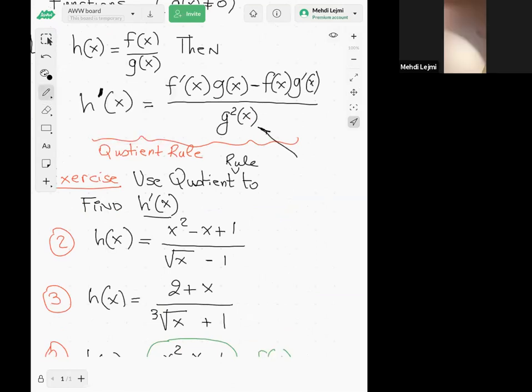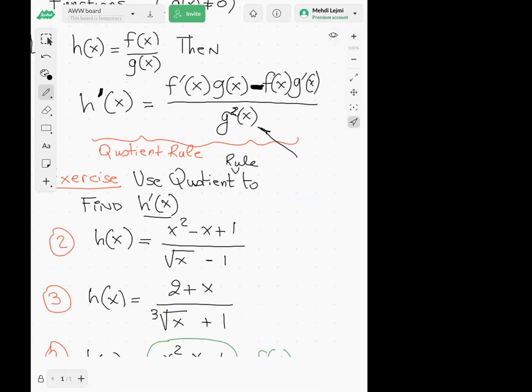It's always a square. And be careful, it's a minus here in the top. It's a subtraction, not a plus. So there are two things you have to be careful with: there's a minus here, not a plus, and there's a square in the denominator. Yes, okay, thank you. I see. Yeah, sure.